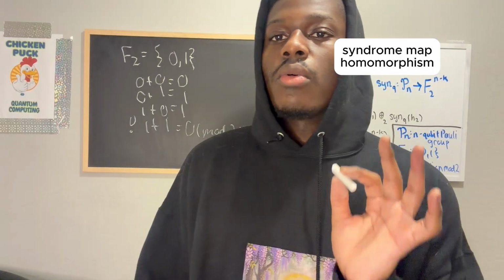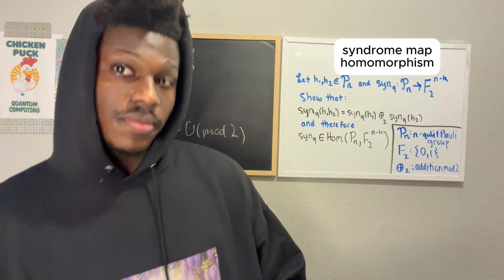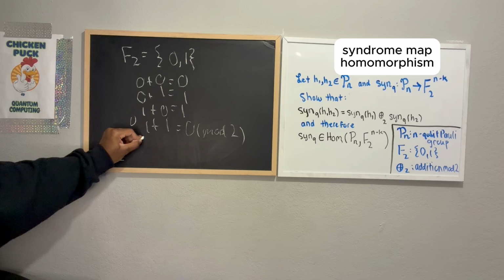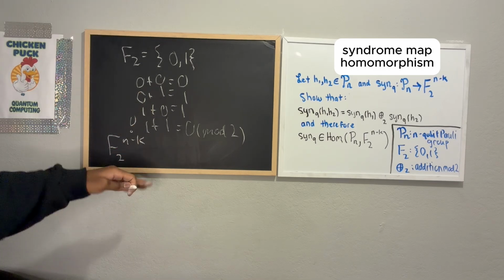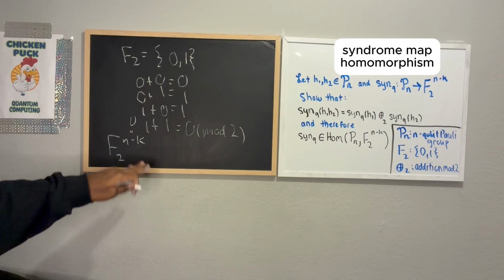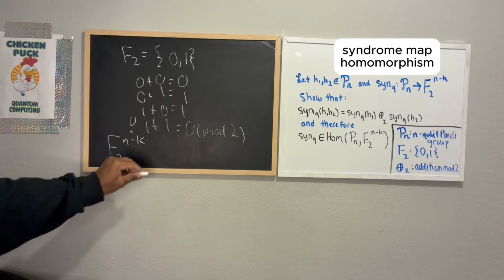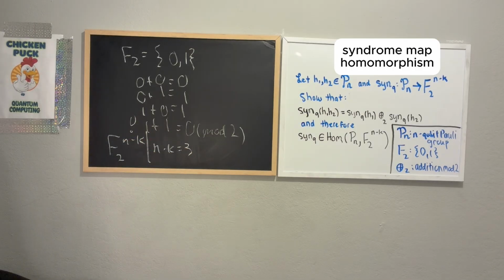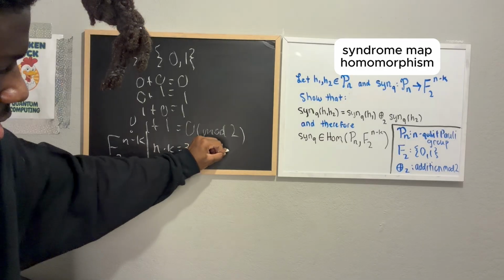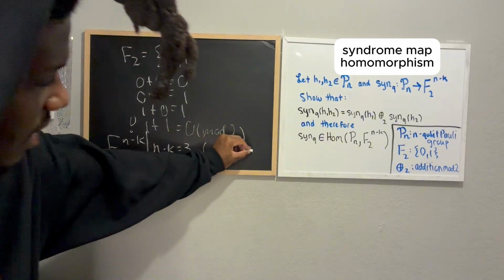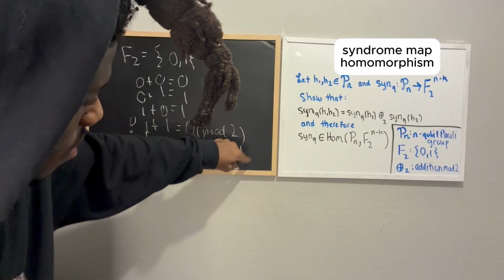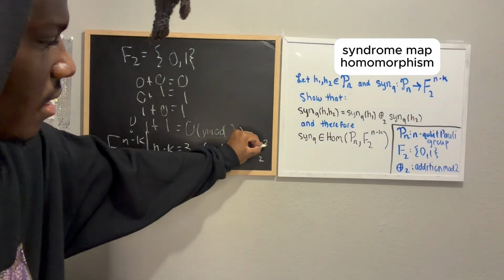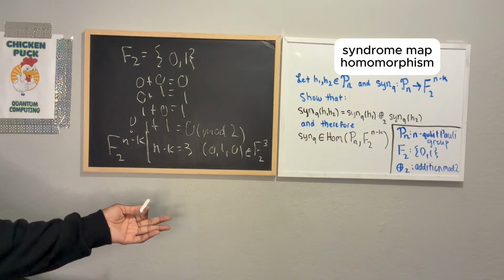By the way, if you don't know what mod is, it's just a remainder after division. So what is F2 to the n minus k? It's just the set of binary vectors with n minus k entries. For example, if n minus k is 3, then 0, 1, 0 is in F2 to the 3. And that's exactly what the syndrome looks like.